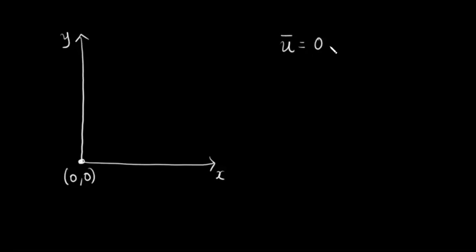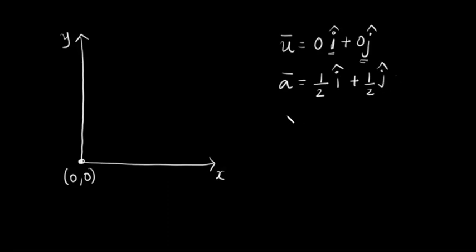So initial velocity is 0 i cap plus 0 j cap, where i cap stands for the unit vector in the x direction and j cap stands for the unit vector in the y direction. Let's say the acceleration is half i cap plus half j cap, and it travels for a time equal to 2 seconds.